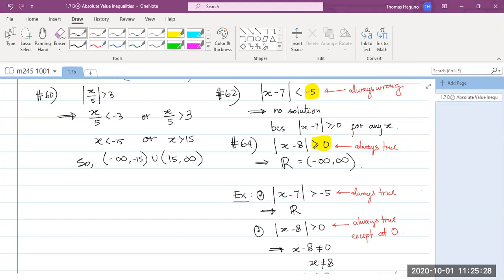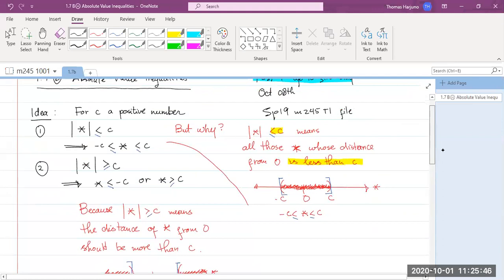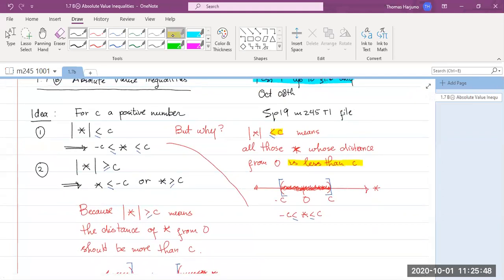Okay, now let me go on. Number 66. Absolute value of 1 minus 2x less than 5. So is this the first type or second type? If we look back here, this is the first type.